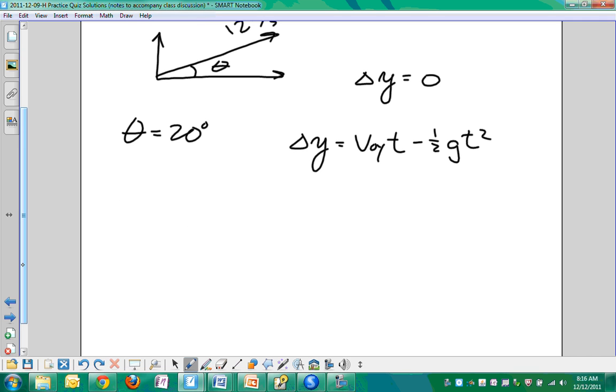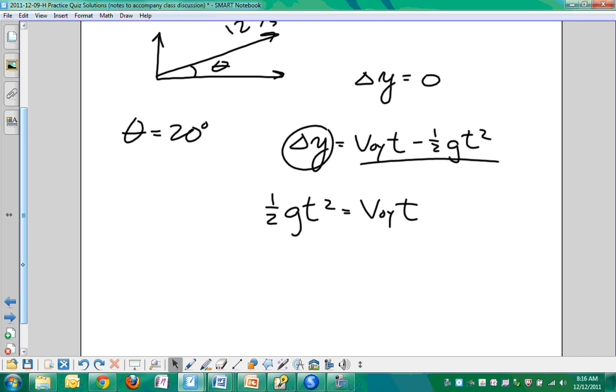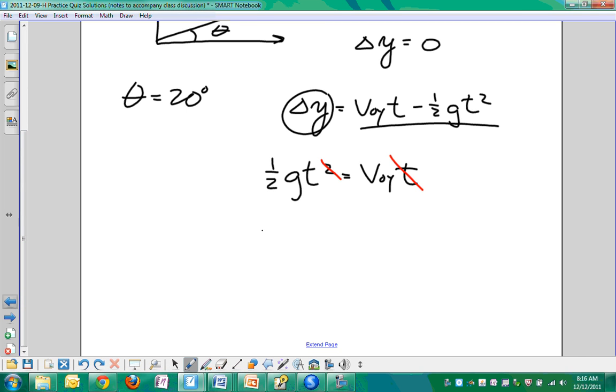Since delta y is equal to 0, we'll add 1/2 g t squared to each side, so 1/2 g t squared is equal to v naught y t. We'll cancel out a t from each side, and then t is equal to 2 v naught y over g.